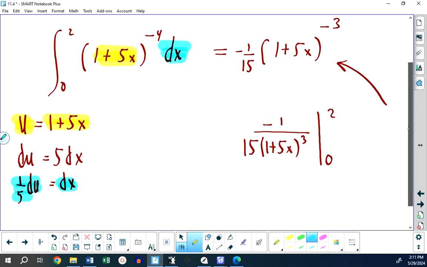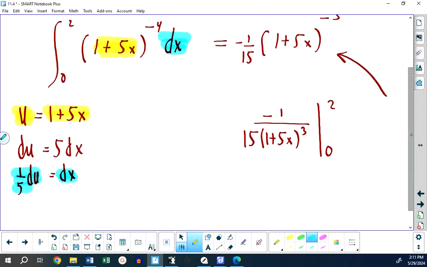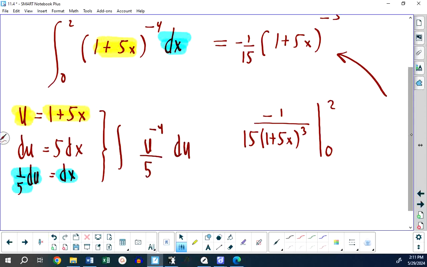And what happens then is you end up with the integral of u to the negative 4 times 1/5 du. Of course, it's not from 0 to 2 anymore because this is an integral making reference to u, not x.